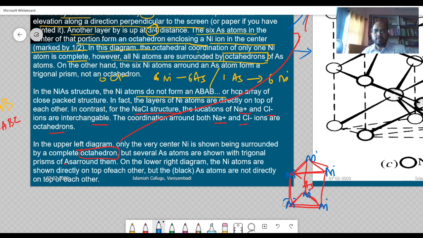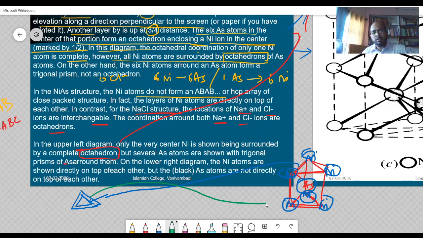This is 1, 2, 3, 4, 5, and 6 nickel, and this one is arsenic. So if you look from above, you will see two triangles in the same orientation. First triangle, this one. Second triangle, the bottom one.